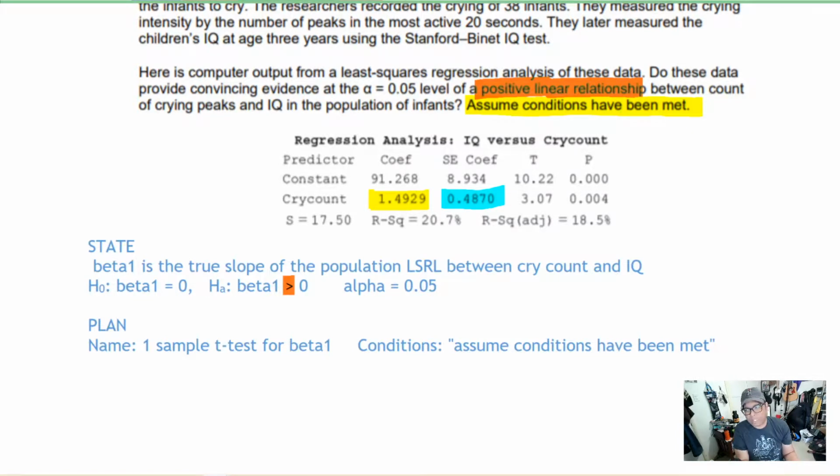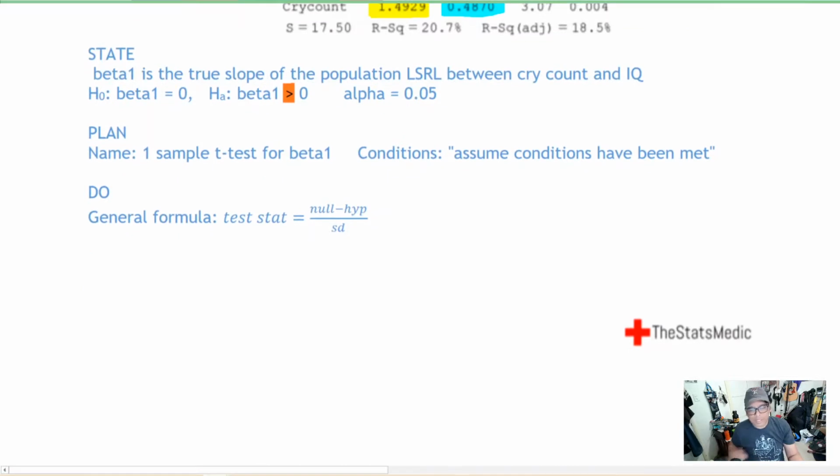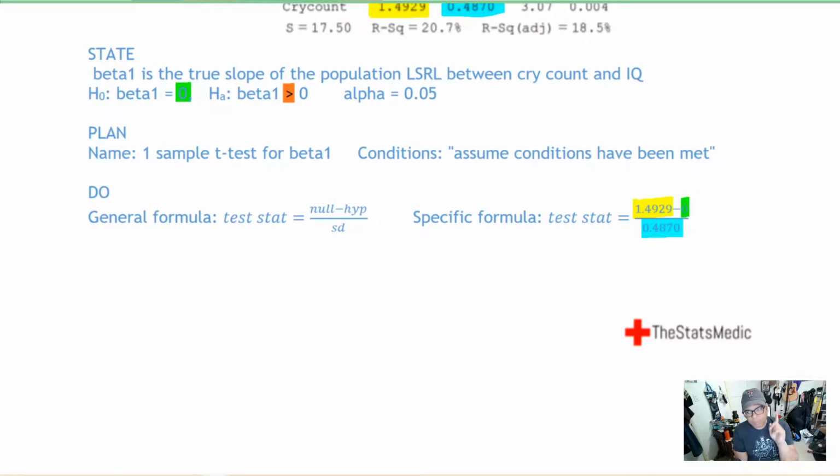We're moving on to the do section. Our general formula is test stat equals statistic minus null over standard deviation. The specific formula here is the test stat is going to equal 1.4929 from the chart minus 0 from null hypothesis divided by 0.4870, which is from the chart again.